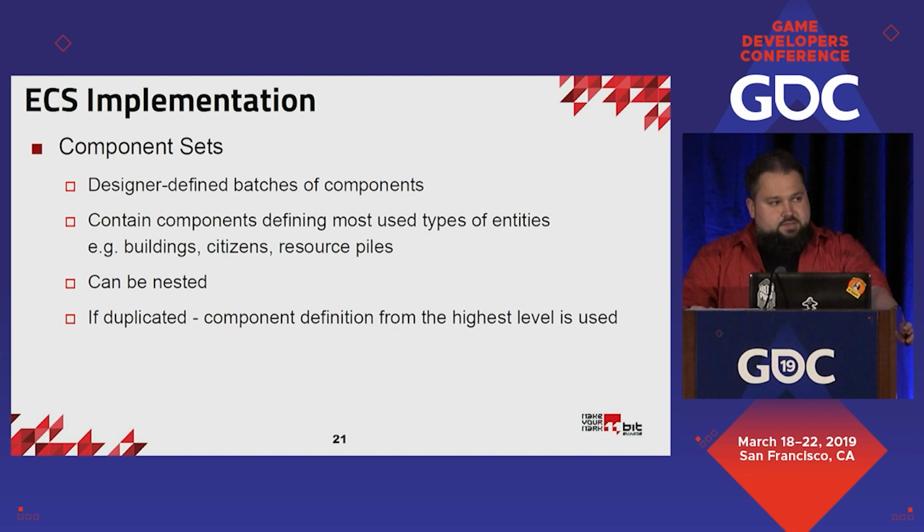So when the entity, the building, is a common building like any other, the basic component set is sufficient for it. But when something special should happen inside the building, the designer can always add the component definition with special configuration, and the definition from an entity overloads the definition from a component set.